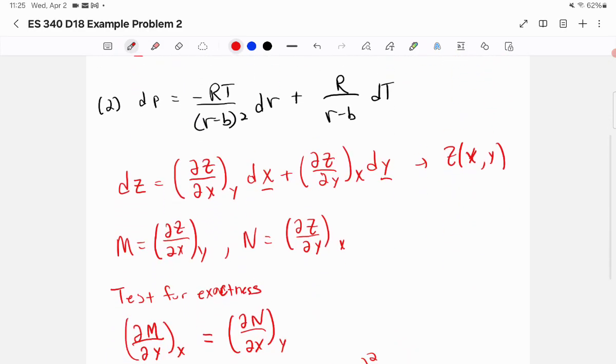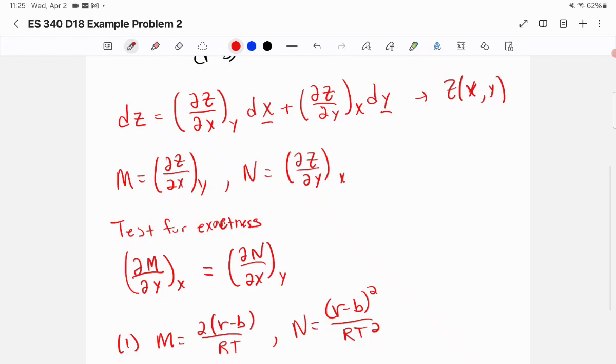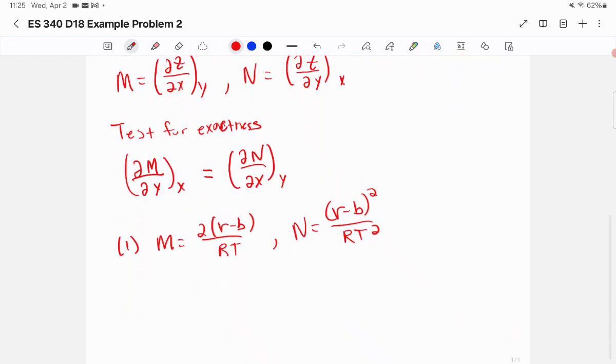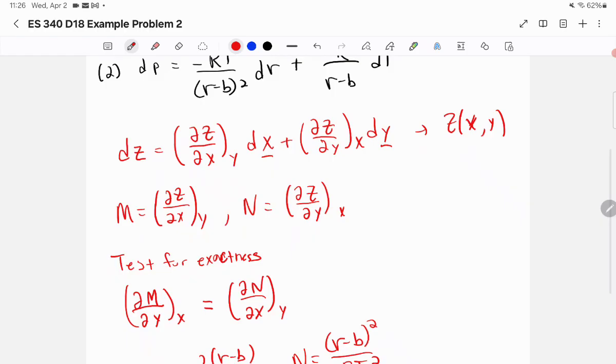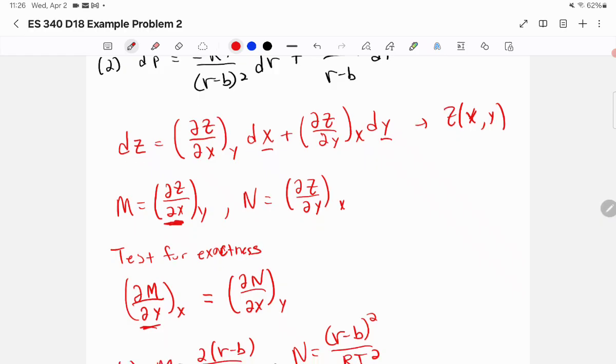So we are going to take the derivative of M with respect to T, because that's the opposite variable. Notice that when we do the test for exactness, the variable that it was related to, we take the partial derivative with the opposite variable. So instead of x, we use y.